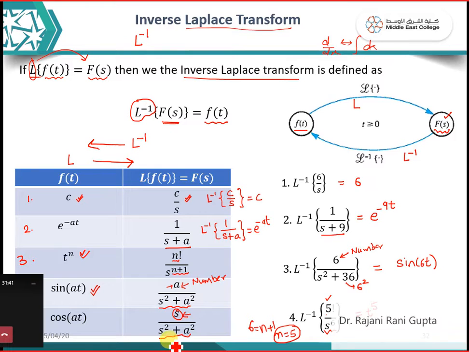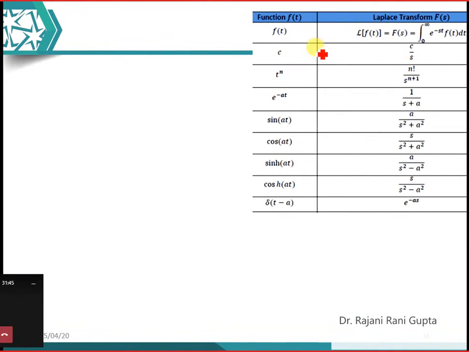So let's work out with the different questions now. So this is the rule sheet that will be given to you. We have rule 1, 2, 3, 4, 5, 6, 7 and 8. So let's see how to work on it.